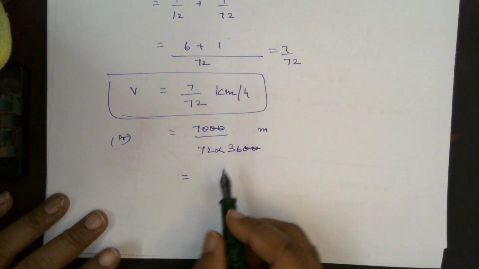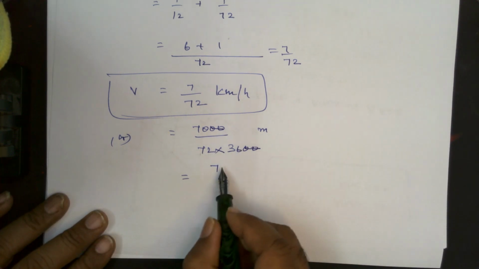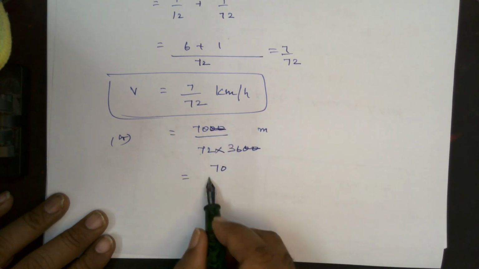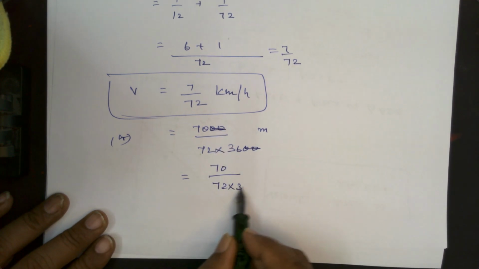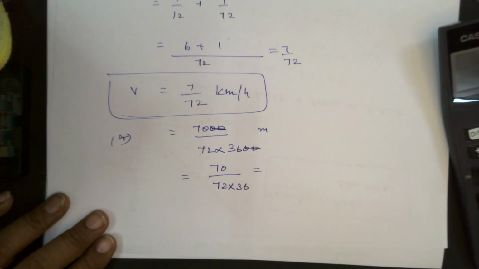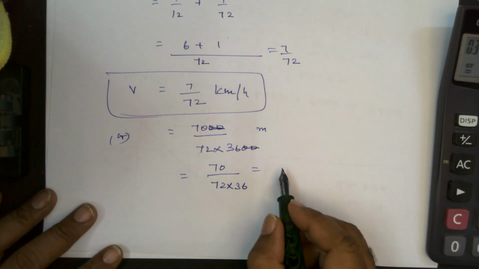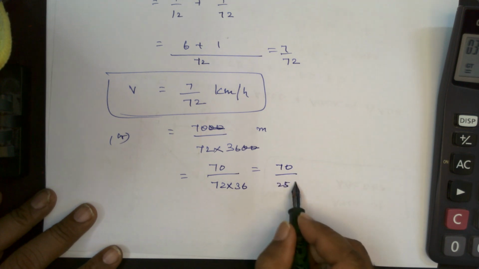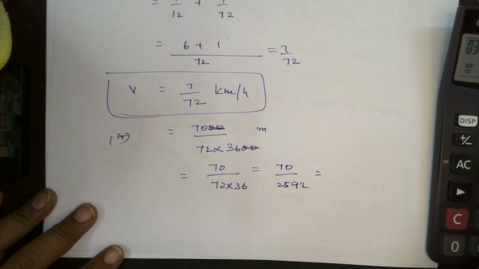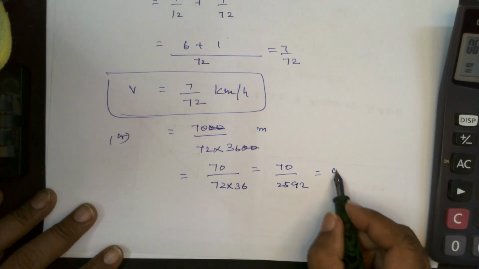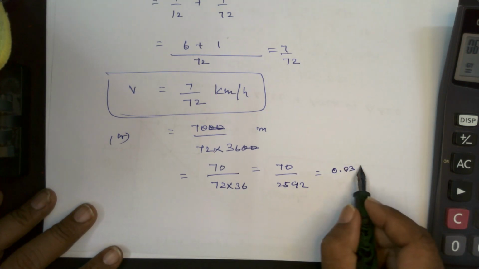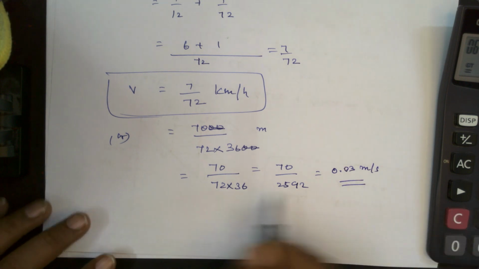So 70 divided by 72 into 36. So 72 into 36 is equal to 2592. So 70 by 2592, which is equal to 0.03 meter per second. So this is the velocity.